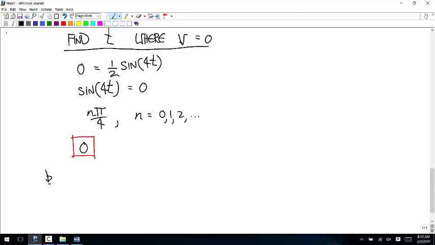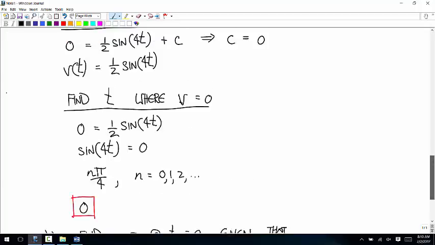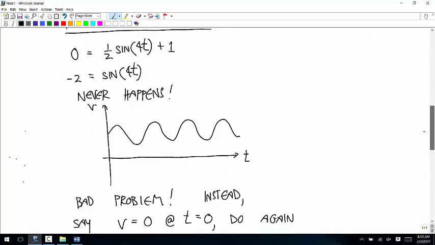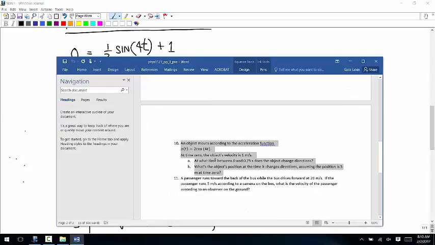So now for part B, we want to find the position at time equals 0. Oh, this is another sort of funny question.